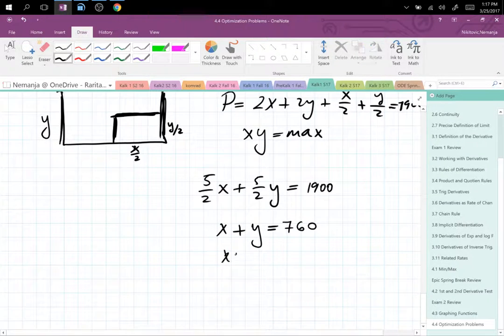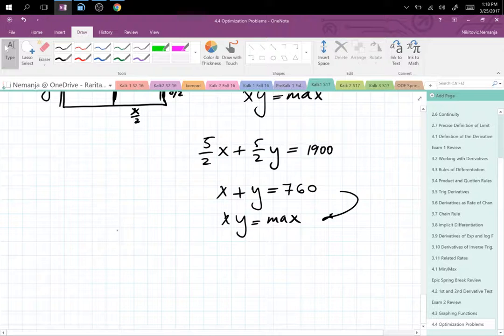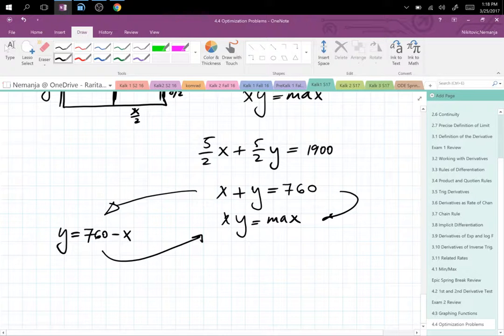And I have xy is a max. Plug that in. So from this equation, y is equal to 760 minus x. We plug that in there.